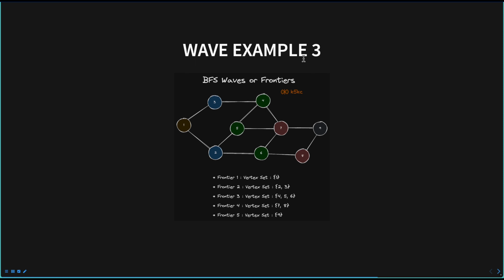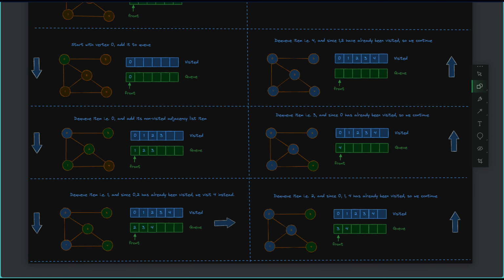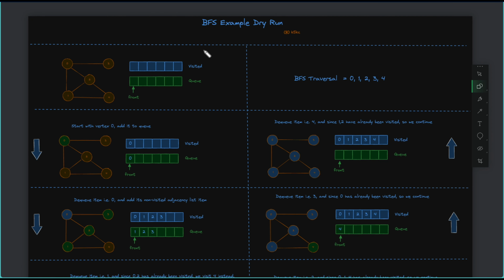Now let's jump into the algorithm part, like how it is actually implemented. Here we have this initial graph which has 5 vertices or nodes in it, from 0 to 4. The idea of breadth first search is to use a queue, because a queue is a first in, first out data structure.